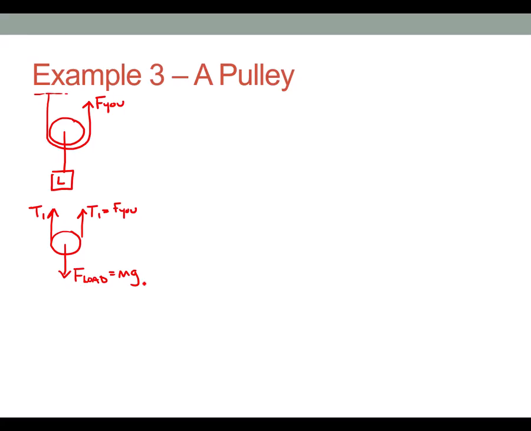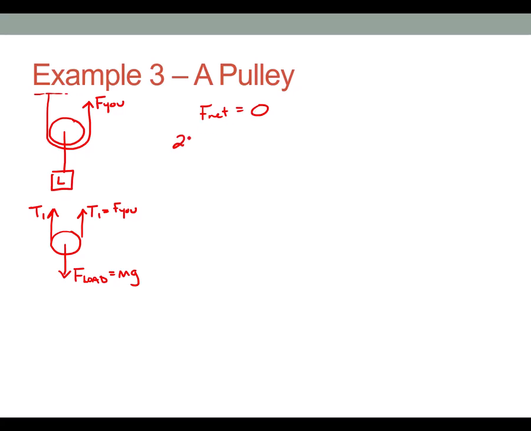Okay, now we're again going to make an assumption, and that assumption is that we're pulling up nice and evenly, at constant speed, in which case the net force on this pulley will equal 0.